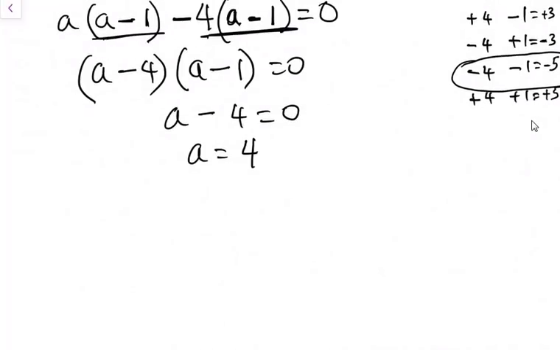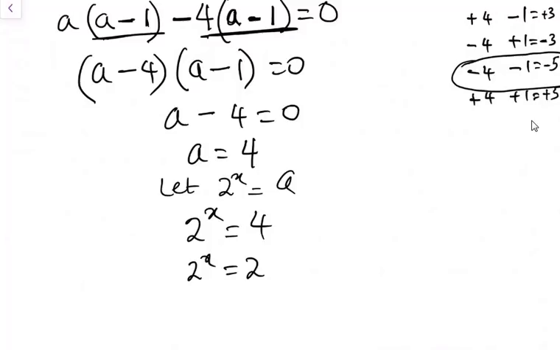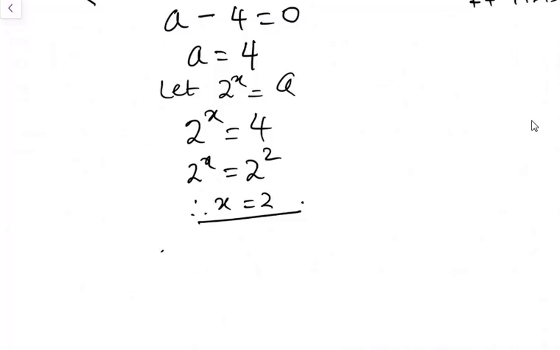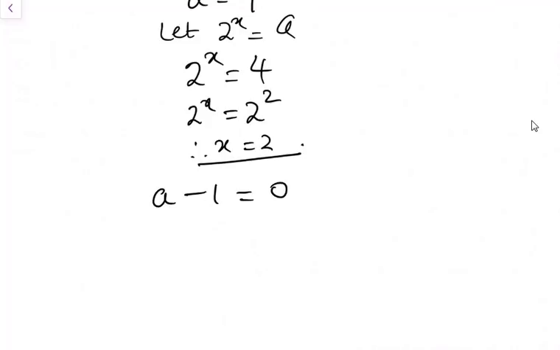And remember, we said let 2 raised to the power x be a. So therefore we can say 2 raised to the power x equals 4. And 2 raised to the power x will equal 2 raised to the power 2. Therefore our x will equal 2. That is the first instance. Now we have a minus 1 equals 0. If we add 1 to both sides, a will equal 1.